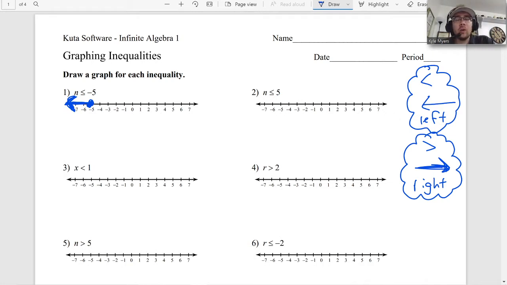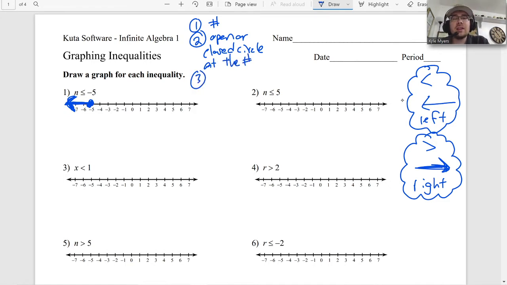So we needed 3 things. 1, we need the number. 2, we need to know whether to put an open or closed circle at the number.